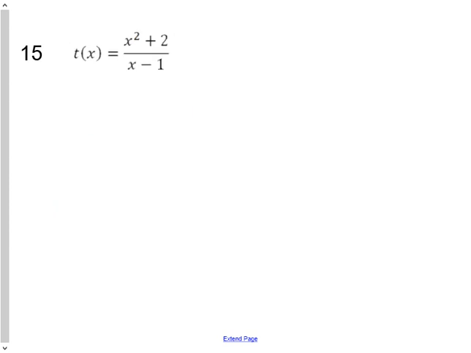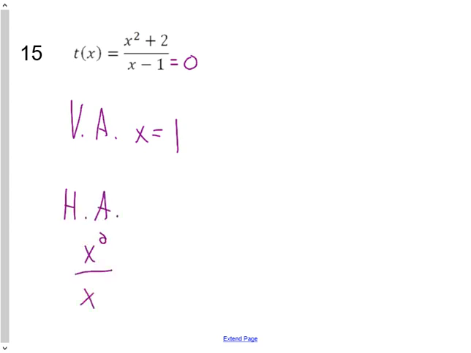Next, x squared plus 2 over x minus 1. Okay, denominator not equal to 0. Pretty straightforward. Numerator, x squared over x. That would have to simplify to something like that. So numerator wins. There's going to be none for horizontal asymptote, or null, right?